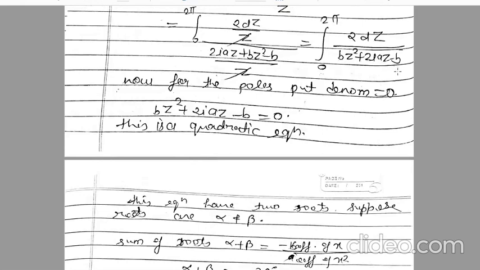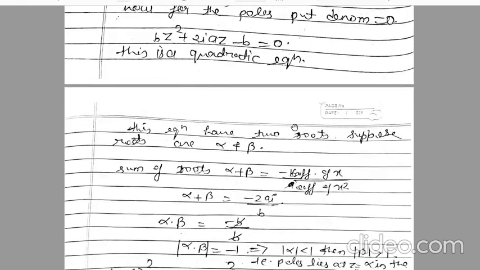We have already considered that the roots of this quadratic equation are z is equal to alpha and z is equal to beta. So we can write z is equal to alpha as z minus alpha and z is equal to beta as z minus beta. So we write bz square plus 2iaz minus b as b into (z minus alpha)(z minus beta). The z minus alpha cancels out and you will get 2 upon alpha minus beta.